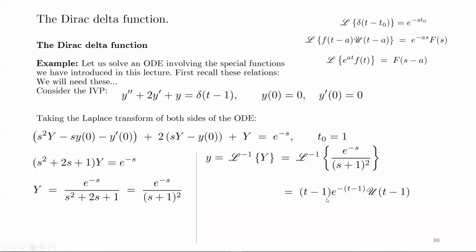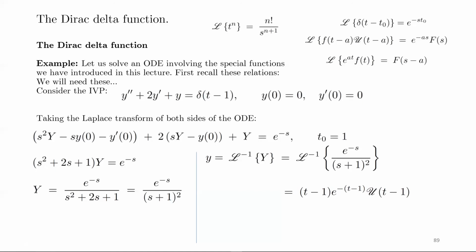So here we go, t minus 1 times e to the negative (t minus 1) times that unit step function here. Okay, great. And there is another Laplace transform property that we've used, but again, I expect you to remember these now, or at least to refer to them on the table of useful information.